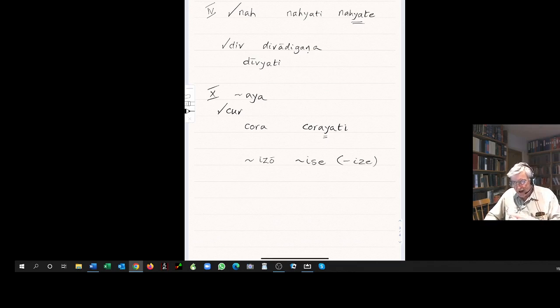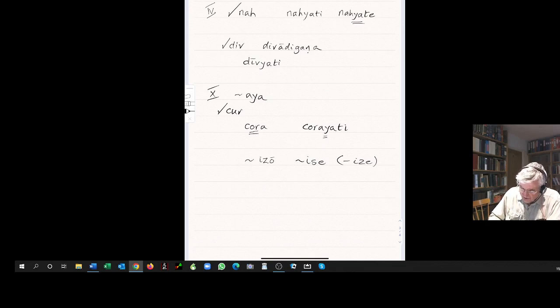So this ending ize: to monetize, theorize, de-Stalinize. We add it to so many. If we want to make a verb out of a noun, we put ize. And this actually reflects what was happening in Sanskrit. You make a verb out of a noun, chorayati, to behave like a thief. Again, once you put this aya in, usually, not always, with a gunated root, the gunation will follow class 1.